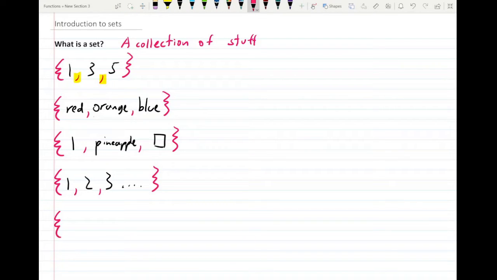You can put other sets inside sets. So you could have the set containing James and Nayla, and I don't know, the two-dimensional point 4, 5.